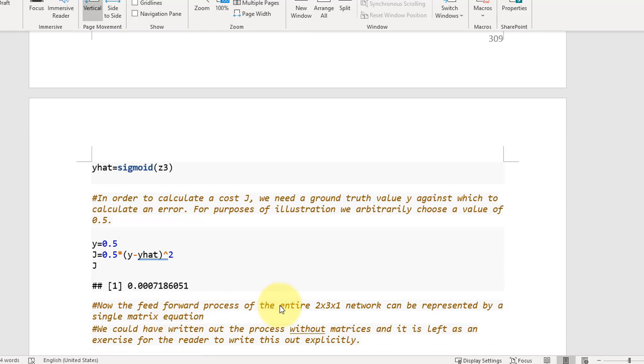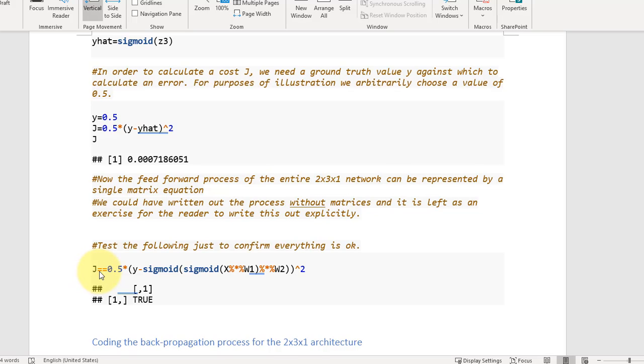Now the feed-forward process of the entire 2x3 network can be represented by a single matrix equation. Let's see that. So here it is. We can say J, where the true value is 0.5, of course, y minus... Notice that we have just the original information here.